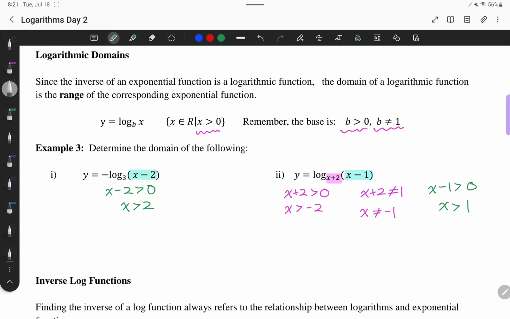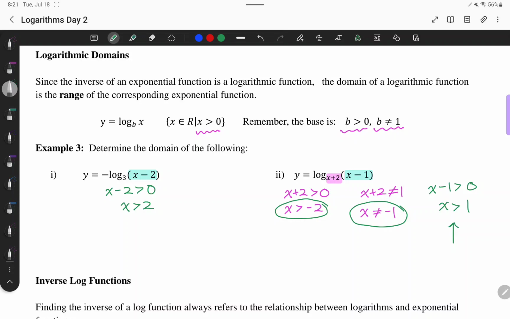Now, when we have all these different restrictions, we need to see if any of them encompass another restriction. For example, if a number is greater than 1, we already know it won't be equal to negative 1. So this restriction is taken care of by saying x is greater than 1. Similarly, if x is greater than 1, then we know that x is greater than negative 2.